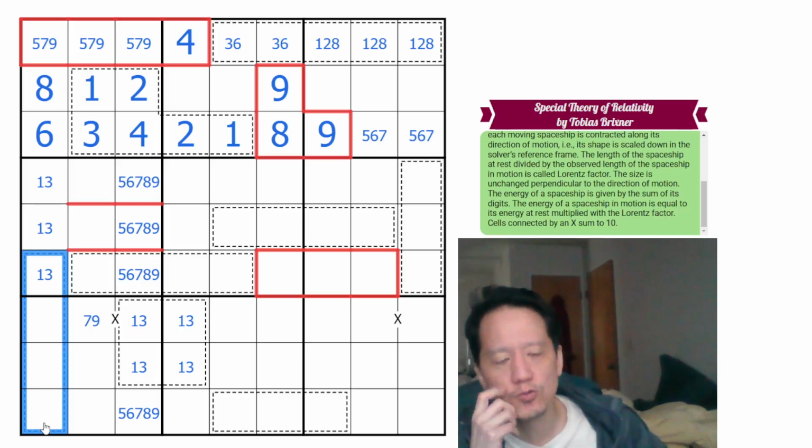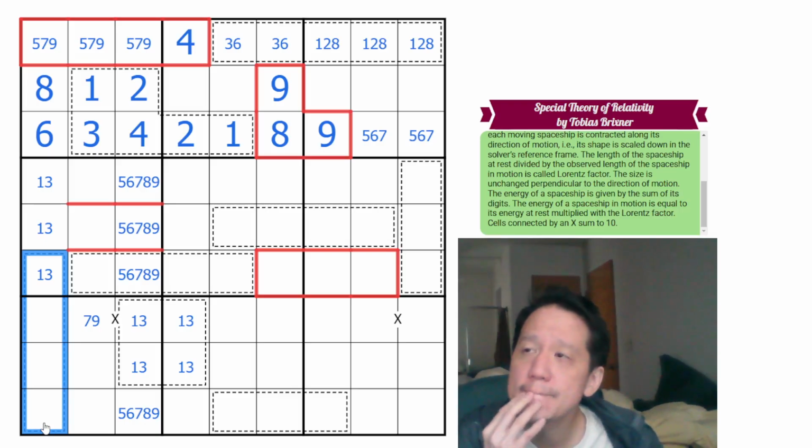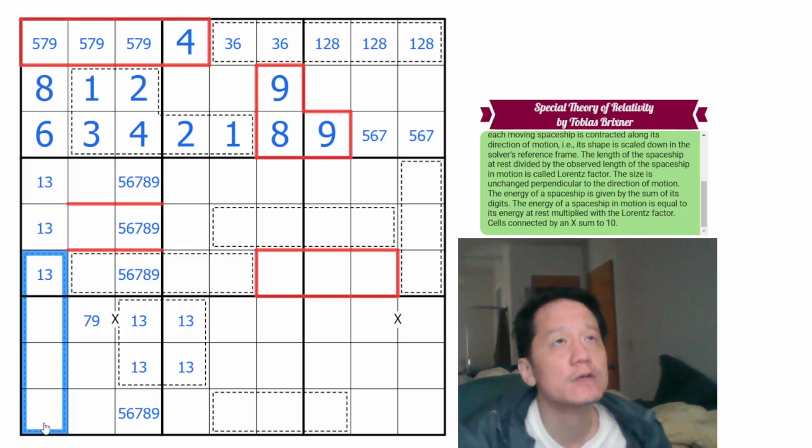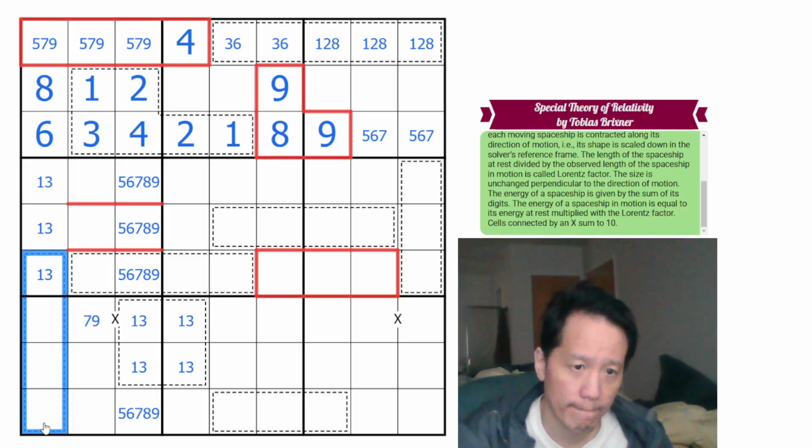And if you take 12, you multiply it by 4/3, which is the Lorentz factor for this one. 12 divided by 3 is 4, so it would be 16. Well, that would be 2, 6, and 8, which is not possible.